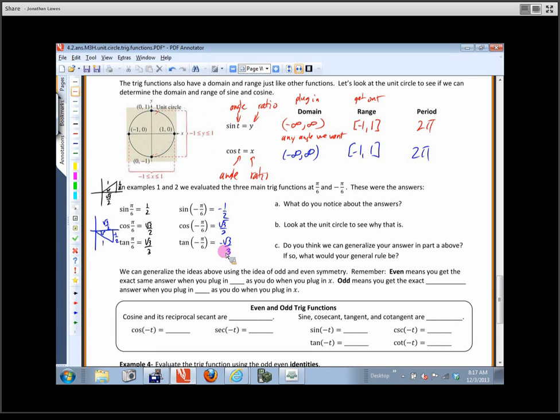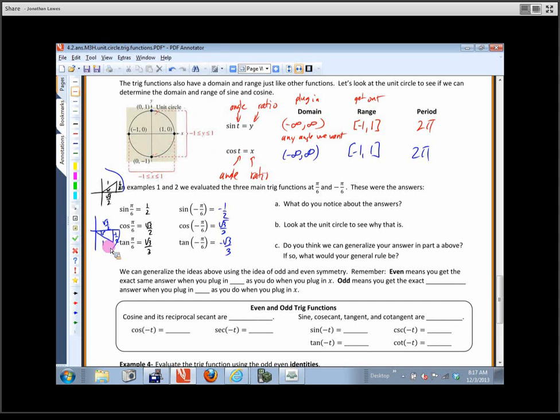And what about the cosine? It's exactly the same, okay? And again, you can think about the unit circle and see why that is. Instead of going around in this direction, we went around in this direction. So the triangle looks the same that I drew here as it does here. It's just that we went below the x-axis rather than above the x-axis in order to draw that. So only the y-coordinate changed. The x-coordinate stayed exactly the same. Does that make sense?